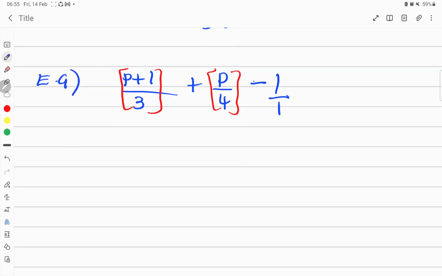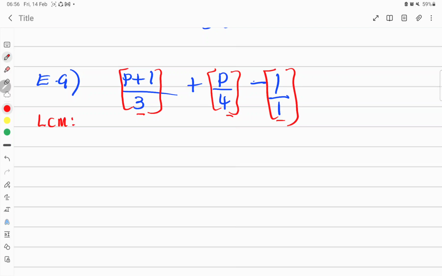When you have a number, you just write it over 1 if it's not a fraction. Then from there you check your LCD. Your LCD is going to be 3, 4 and 1, but it's 3 and 4 because the 1 doesn't matter, so it's 12 in total. You can call it LCD or you can call it LCM. It's going to be 3 and 4, which is 12.